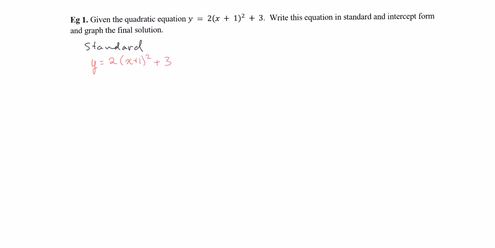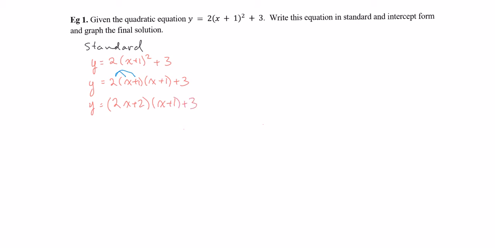Then we're going to rewrite it to its expanded form. (x plus 1) squared is the same as saying (x plus 1) times (x plus 1), and then plus 3. Now we're going to distribute the 2 into the first bracket, and leave the other in brackets on another line. So that's 2x plus 2, and we leave it in a bracket, and then we still have x plus 1 to work with.